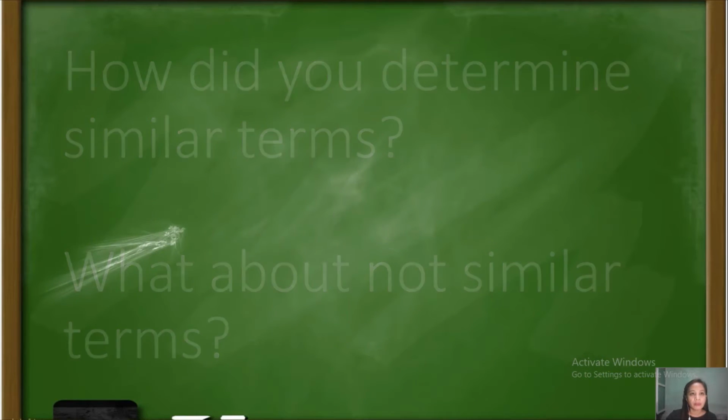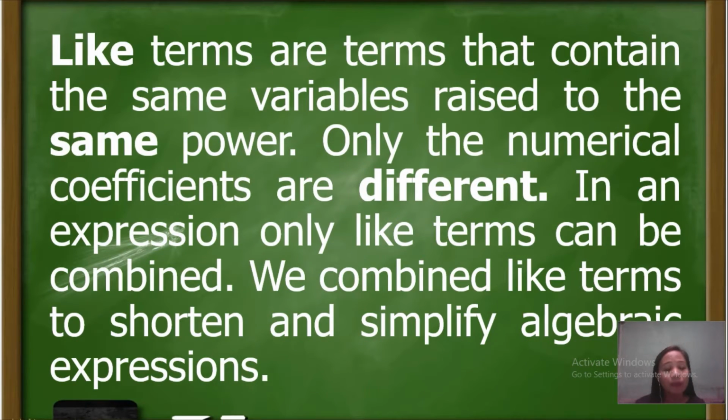Like terms are terms that contain the same variables raised to the same power. Only the numerical coefficients are different. So we can say that terms are similar or like if they have the same variables raised to the same power, and only the numerical coefficients are different.